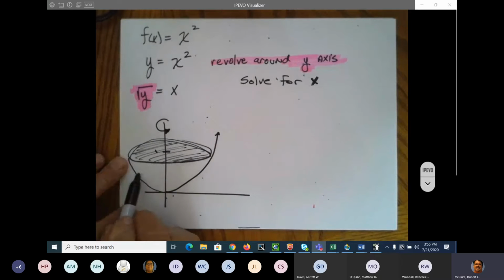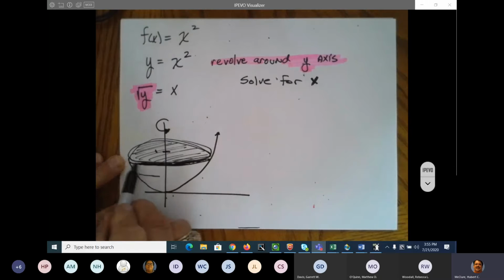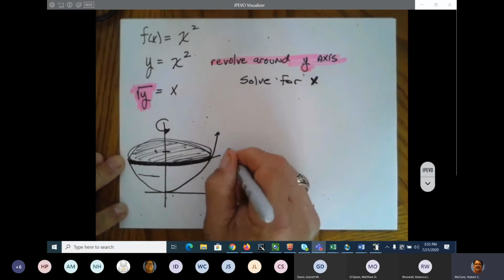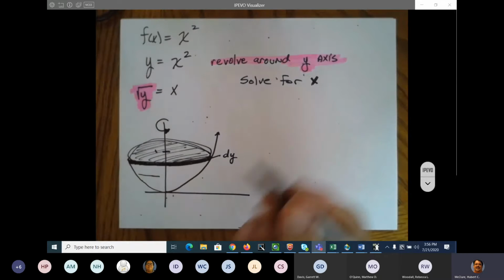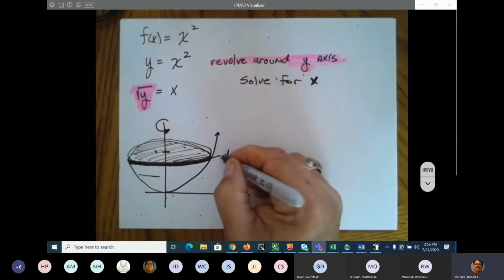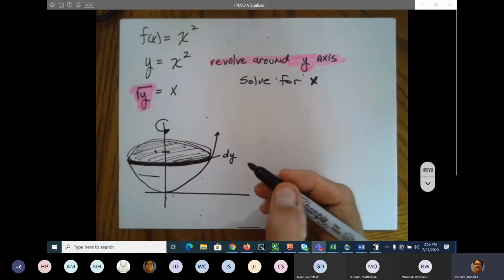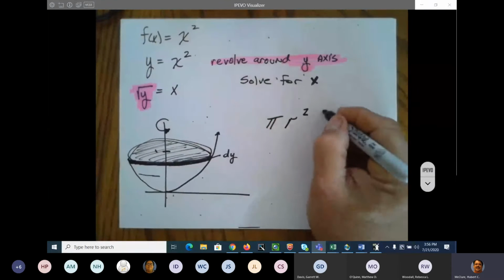And your disk now, I'm just going to draw it right here. The height of your disk is not going to be dx anymore. It's going to be what? dy. So now, again, the volume of my disk is going to be pi r squared h.